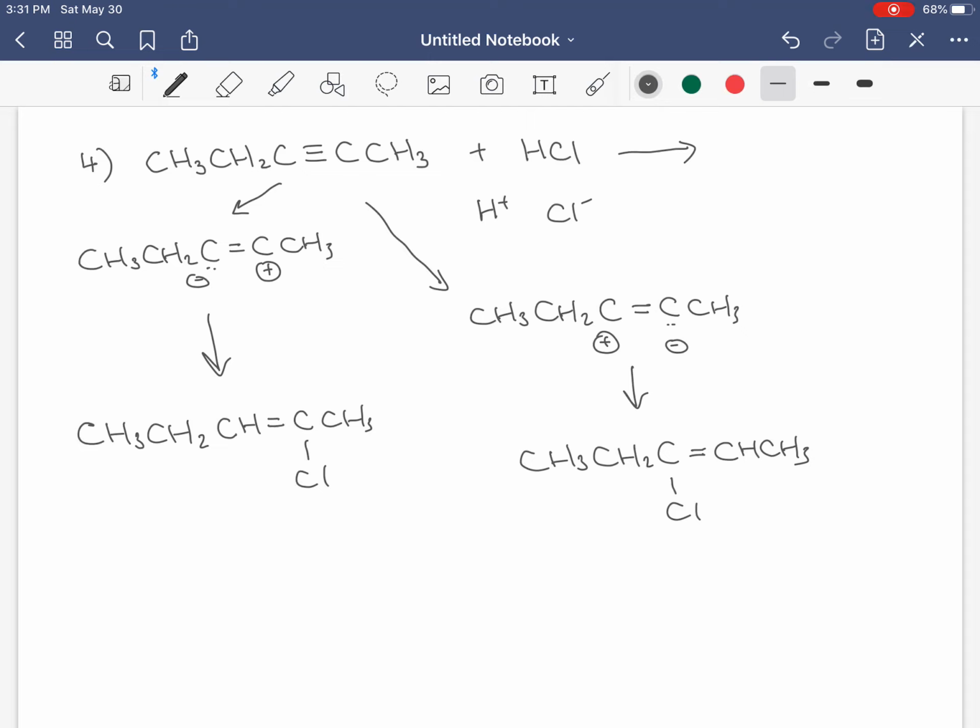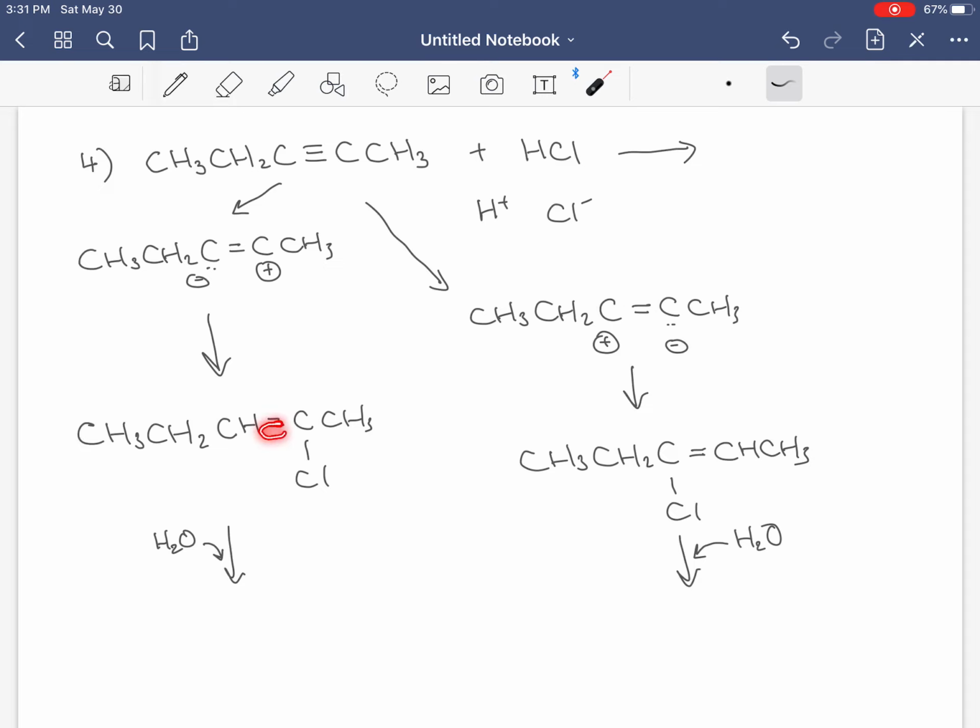Now, this is the fun part. Because remember, this reaction continued with water being added. Now does it matter? Do Markovnikov's rule play? Well, your answer better be yeah. Markovnikov's rule does play.